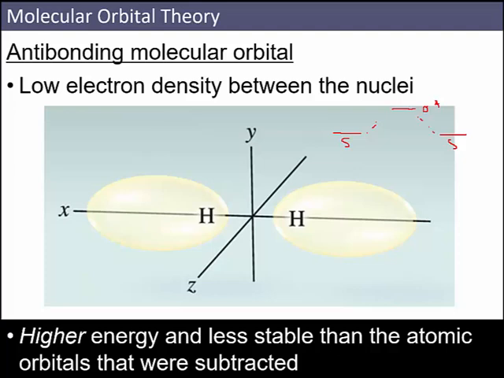So our complete diagram is going to have both of those: a sigma bonding and a sigma starred antibonding. And there is a planar node that occurs in between these.